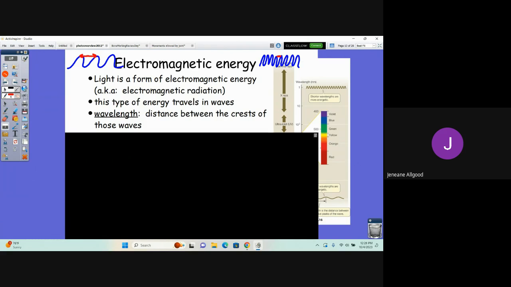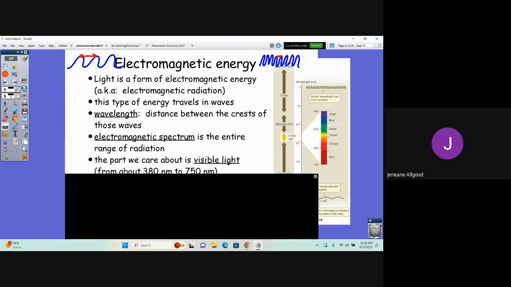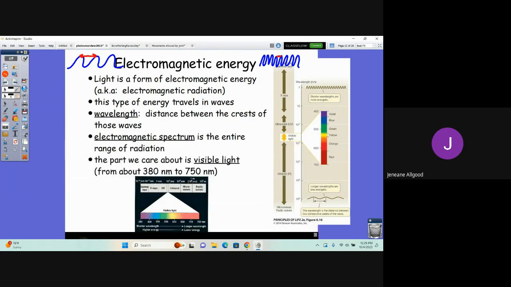Very short wavelengths, higher energy. Okay, so that's why we care about wavelength. And so don't flip your page yet until we look at the picture on the bottom of this slide together.